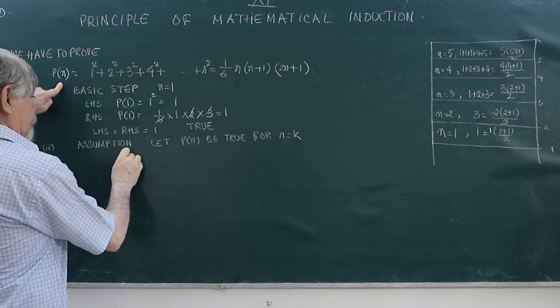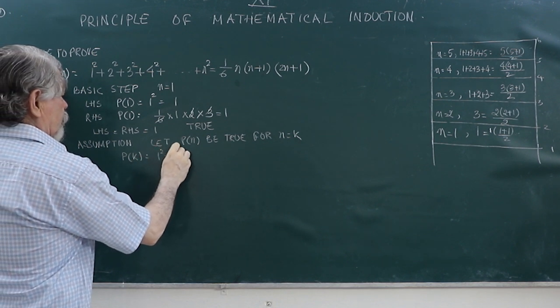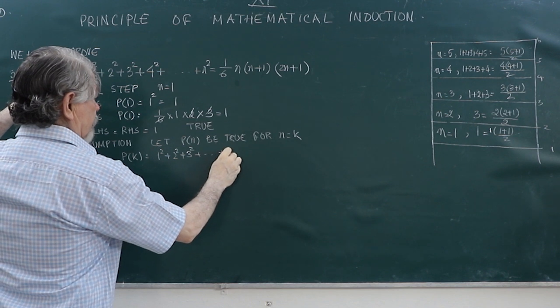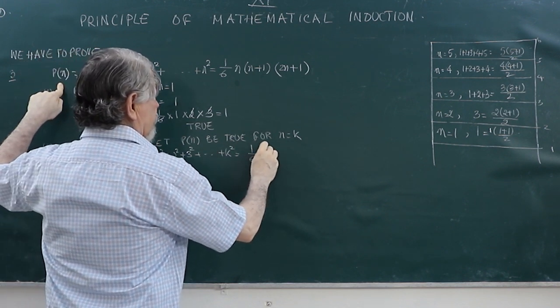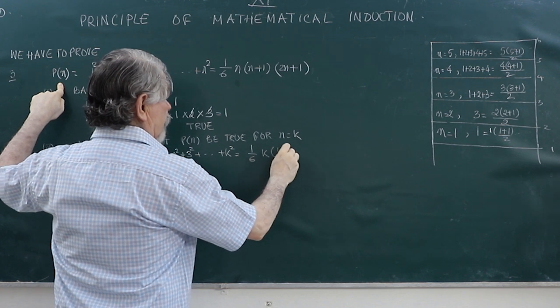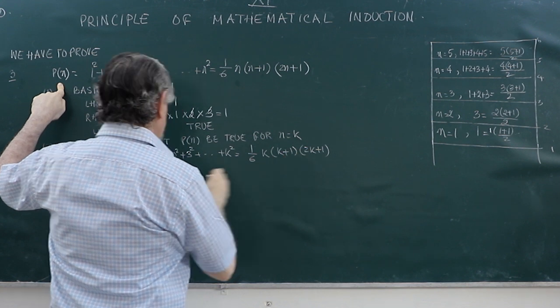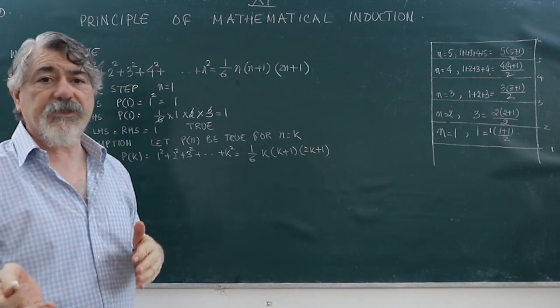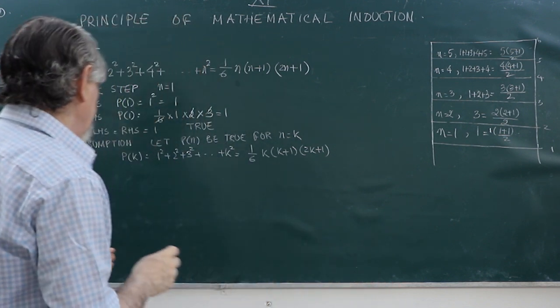That means we will replace n by k. It will become 1 square plus 2 square plus 3 square plus so on plus k square, and n will be replaced by k: 1 upon 6 into k plus 1 into 2k plus 1. This step is important again because I am going to use this value in the next step.